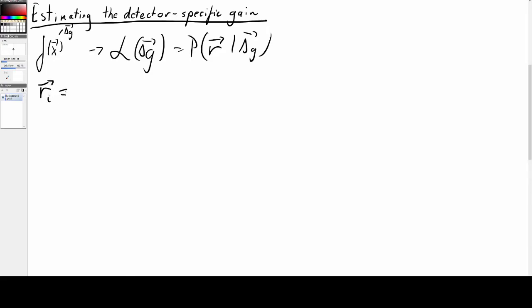We don't assume any data correlations between the detectors, so we can write down these equations detector by detector. It is only when we introduce this summing that we get correlations between the various detectors. But in any case, we have this relation here, and this is the entire time stream put in a vector for a given detector.